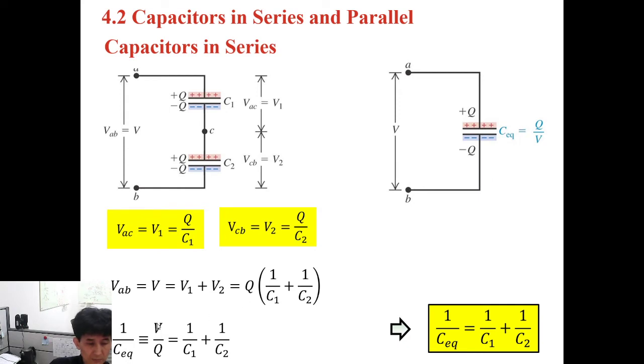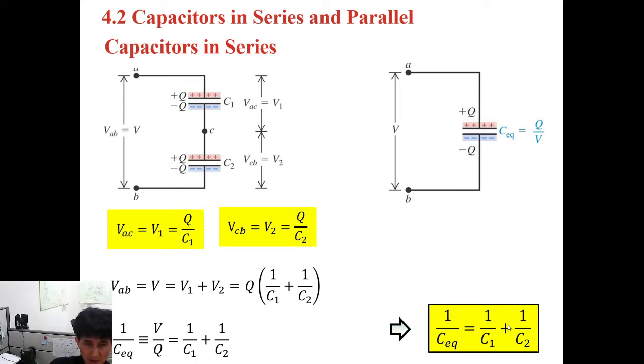So V here is the voltage, that's Q divided by C equivalent. The voltage from A to B is the same as the voltage from A to B, so if we make V equal Q divided by C equivalent, that is the same as this, so Q cancels out, and then we have 1 over C equivalent equal to 1 over C1 plus 1 over C2.